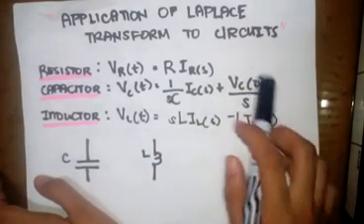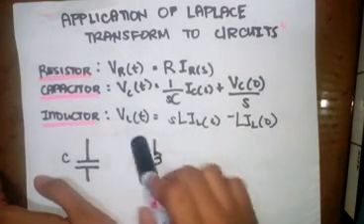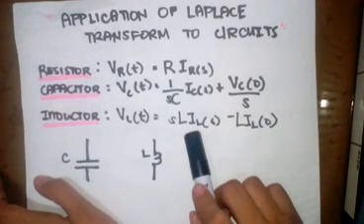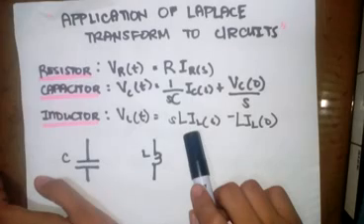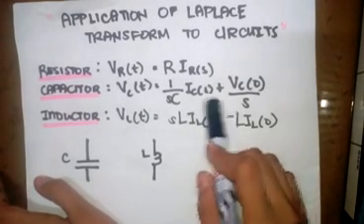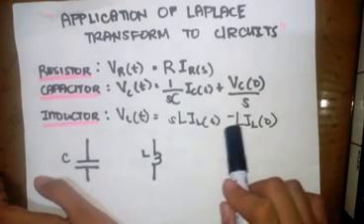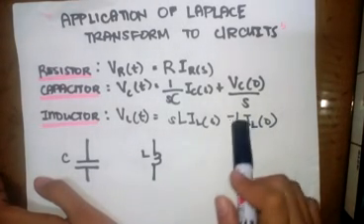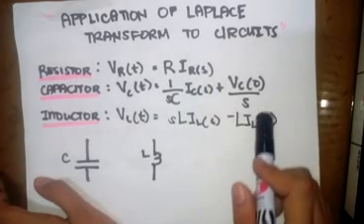So it just adds. While for an inductor, the voltage drop is S multiplied by L, the inductance, times the current I sub L, minus L times I sub L of 0.